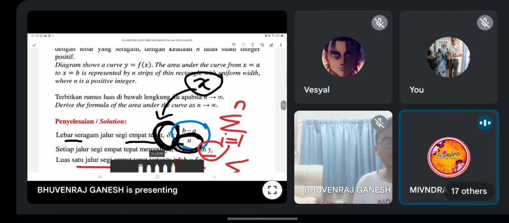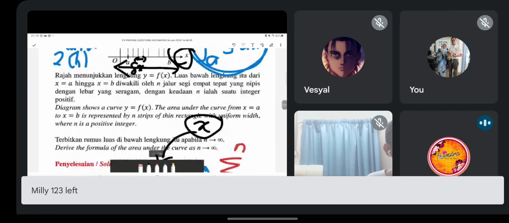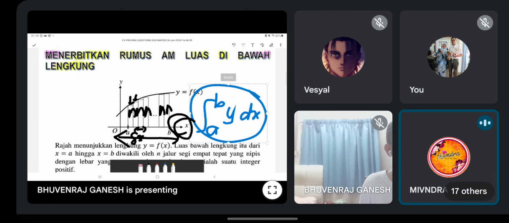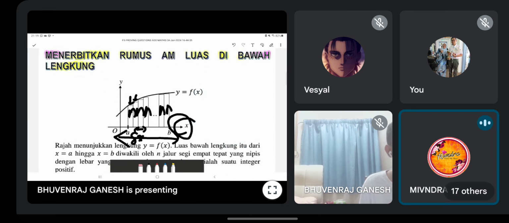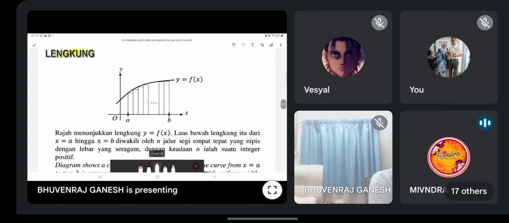Okay. So untuk soalan ni, can you scroll up? Yeah. Okay. Untuk soalan ni yang rumus luas di bawah lengkung, kan kita akan buat penggambaran A hingga B kan. Tapi untuk nak terbitkan rumus, kita tak boleh terus tulis penggambaran A, B, Y, dx.